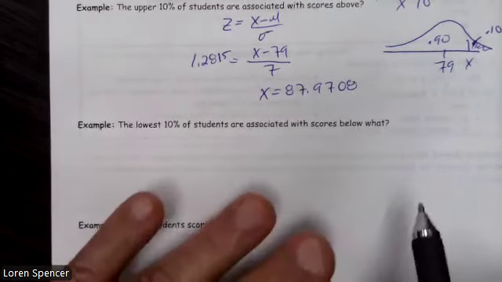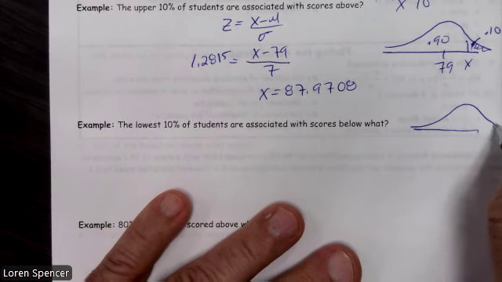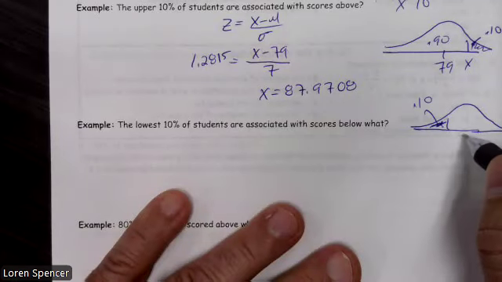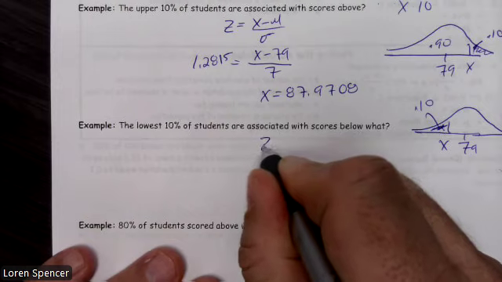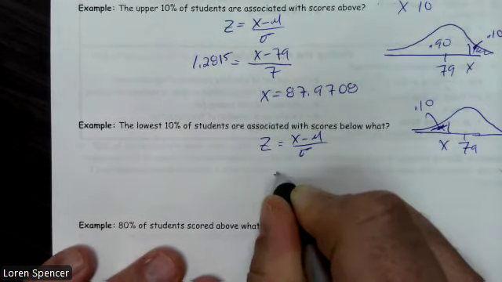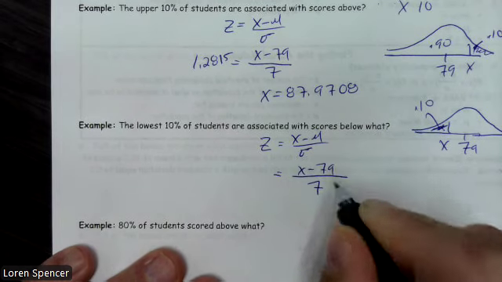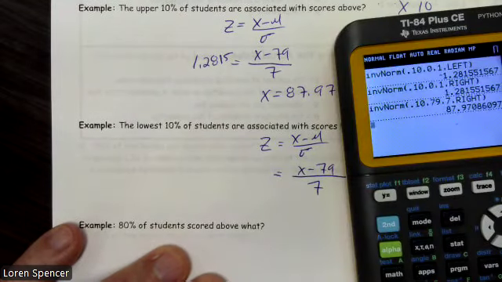All right, the lowest 10% of students. So now we're talking about the lower 10%. We're still centered at 79, and I'm looking for this X value. Z equals X minus mu, so X minus the 79 over 7. And it should be just the opposite of that.